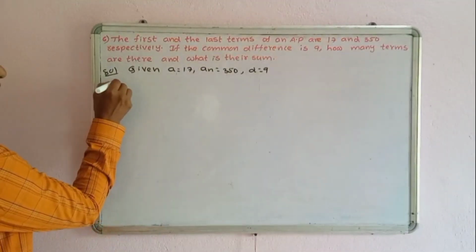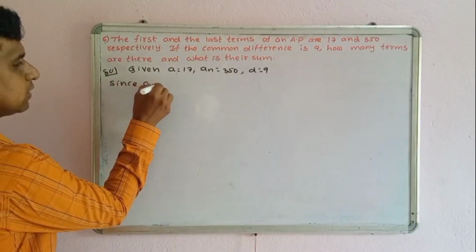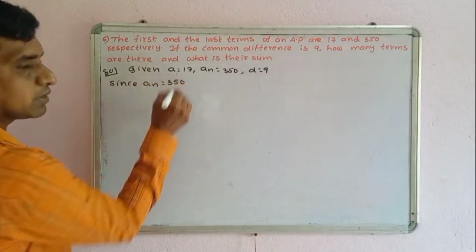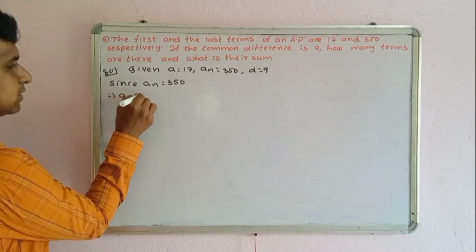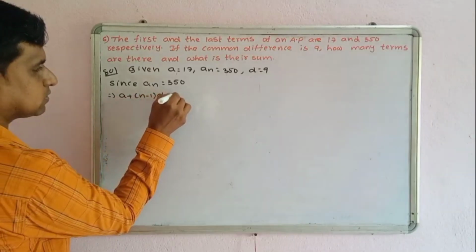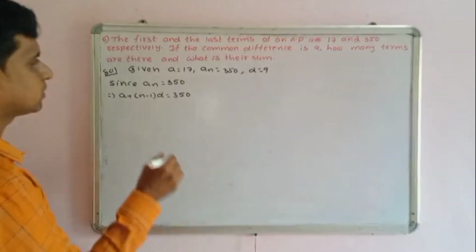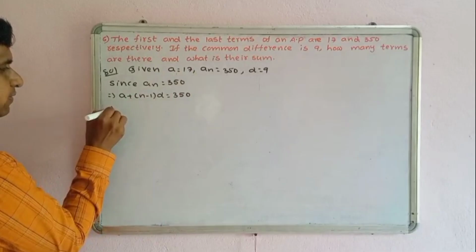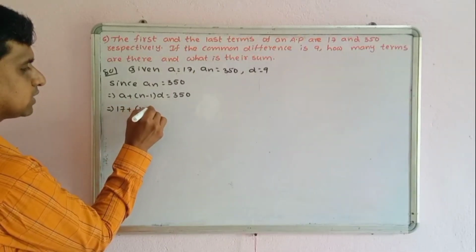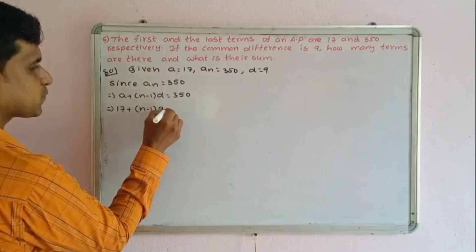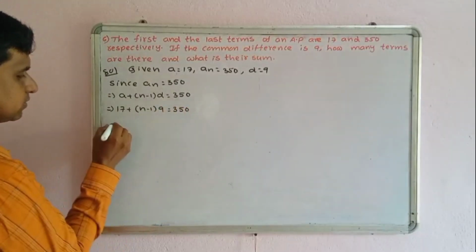So since an equals 350. What is the formula of an? a plus (n minus 1) into d equals 350. So here a value 17 plus (n minus 1), d value 9, equals 350.